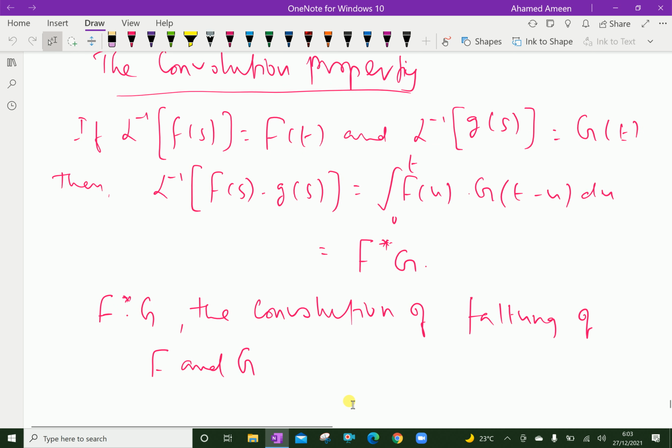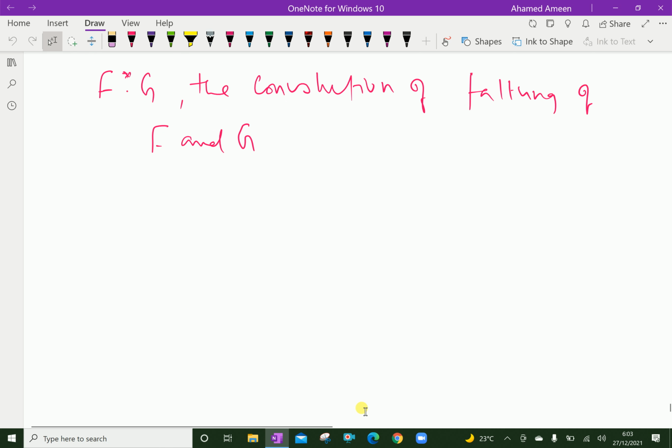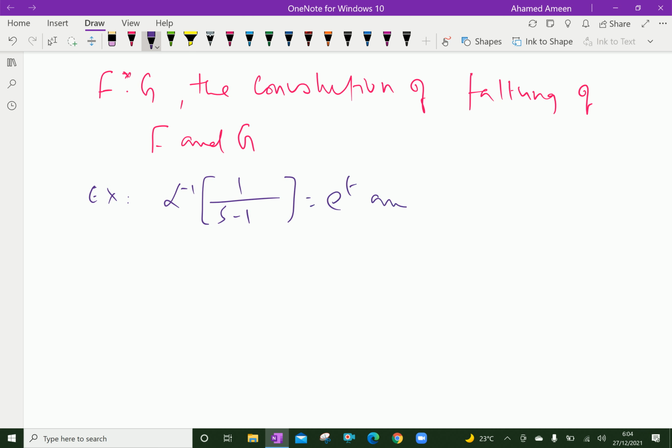For example, inverse Laplace transform of 1 over s minus 1 equals e power t, we know that, and inverse Laplace transform of 1 over s minus 2 equals e power 2t.